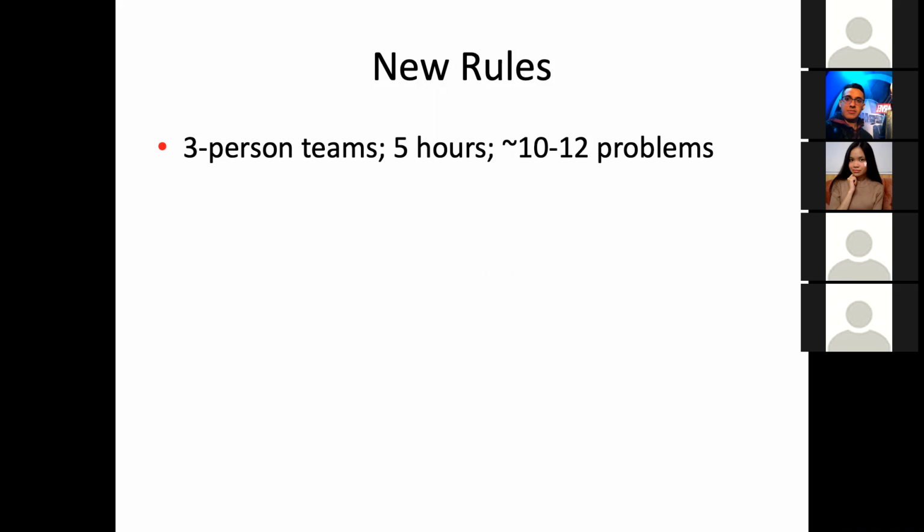If you haven't, please email me and ask me. And of course, you already know that the competition goes from 2 to 7 p.m., so that's 5 hours. And there'll be about 10 to 12 problems. The more problems there are, the better it is for you, because your job is to find the easiest problems there and figure out how to solve them, okay?